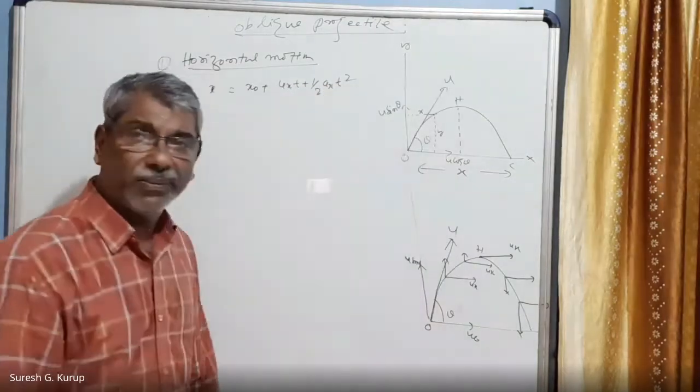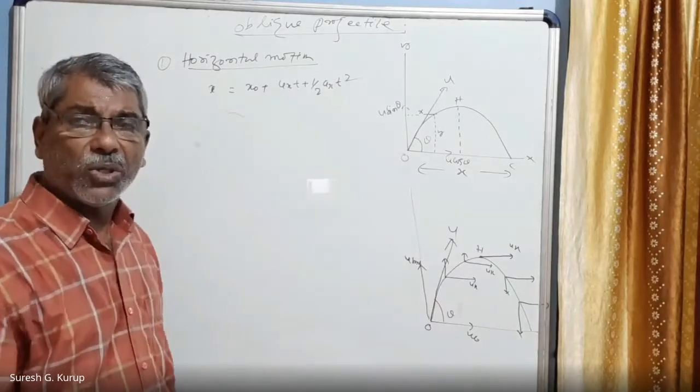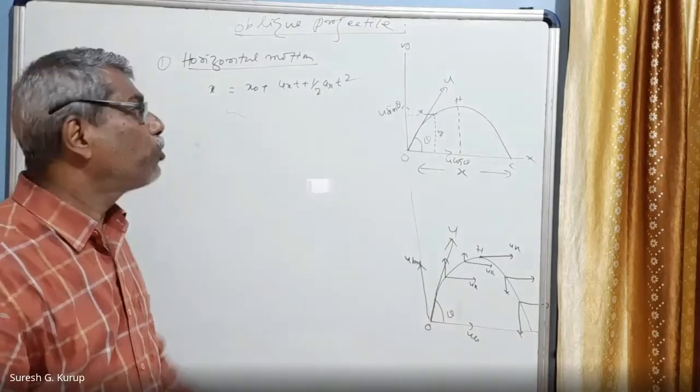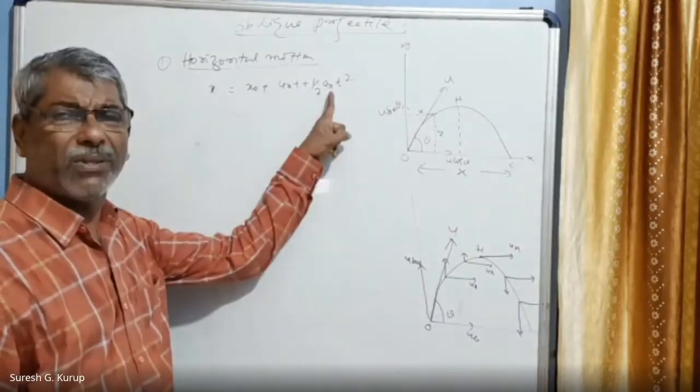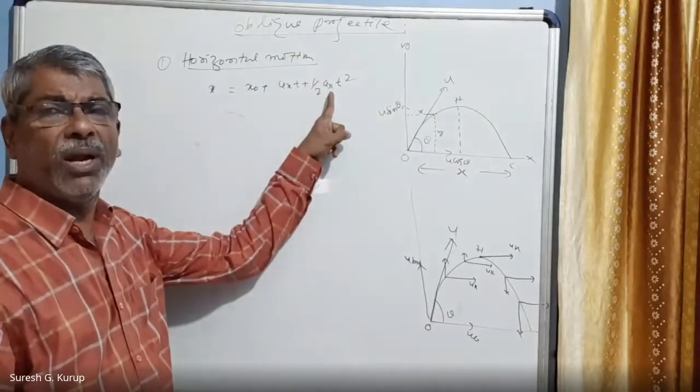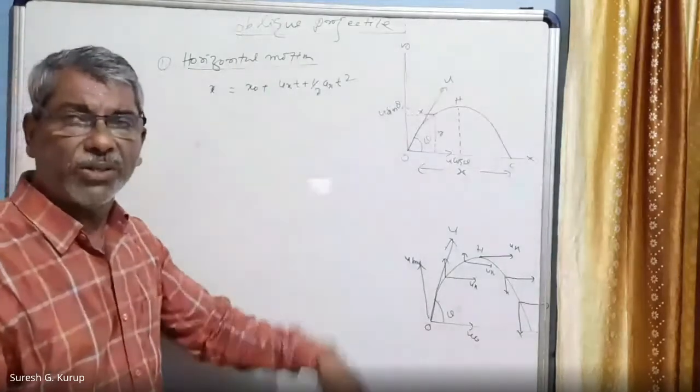So this is only a uniform motion. In uniform motion, acceleration is equal to 0. Very clear, because we know that in this kind of motion, projectile motion, the horizontal velocity always remains a constant. Therefore, acceleration is equal to 0.